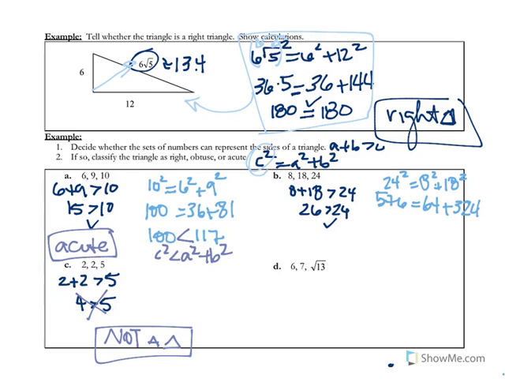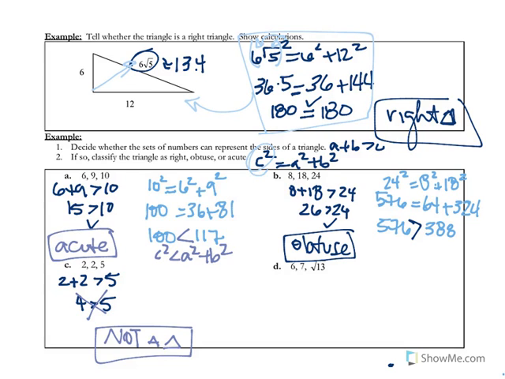Add that to 64, and that is 388. So 576 is what to 388? Well, that is bigger than 388. And when c squared is bigger than a squared plus b squared, then we get to call this an obtuse triangle.